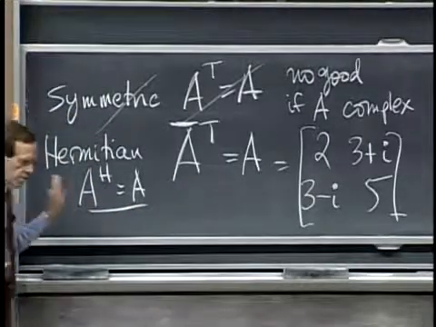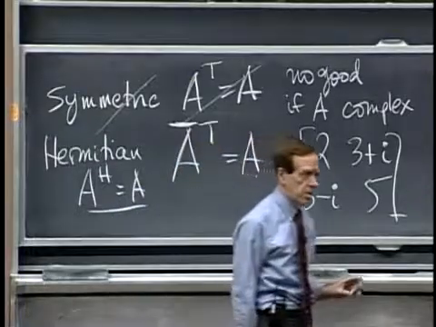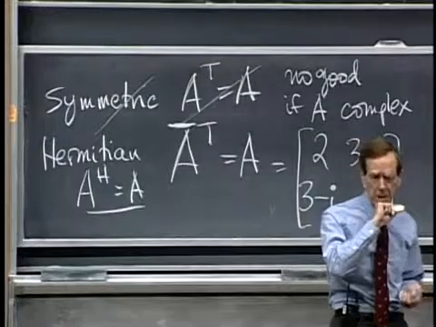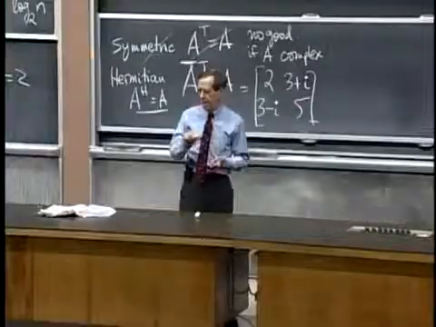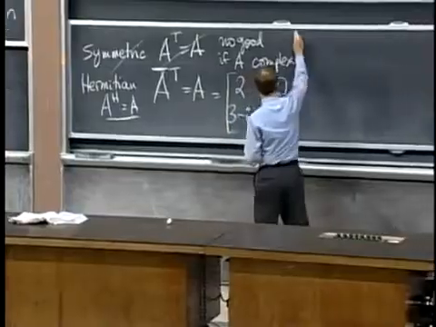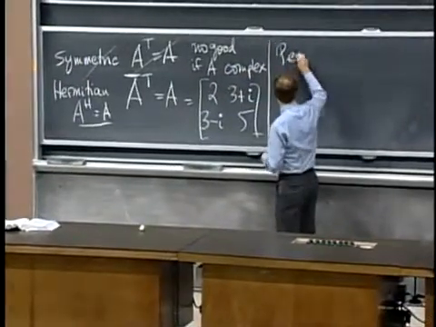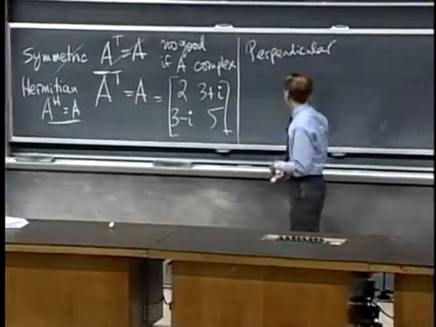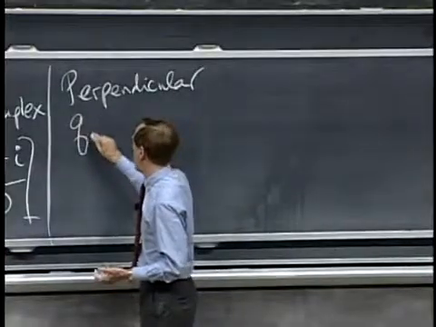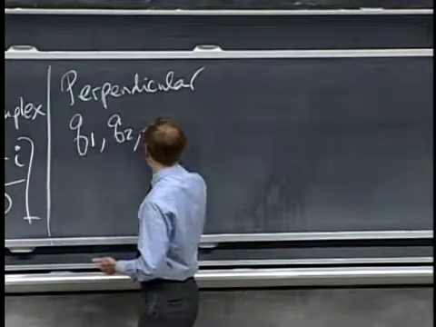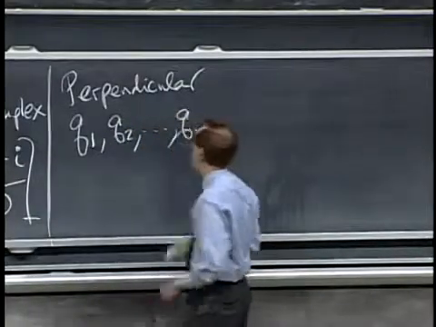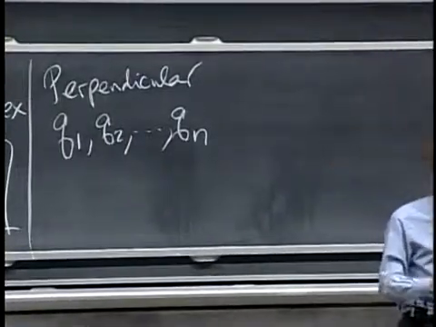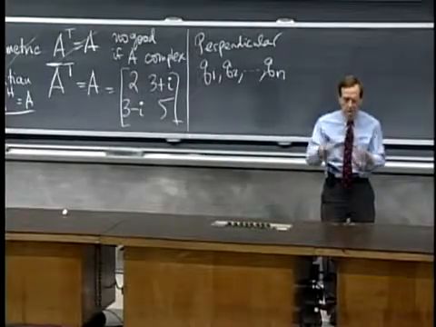Okay, and those matrices have real eigenvalues, and they have perpendicular eigenvectors. What does perpendicular mean? Perpendicular means the inner product. So let's go on to perpendicular. Well, when I had perpendicular vectors, for example, they were like Q1, Q2, up to Qn. Q is my letter that I use for perpendicular. Actually, I also mean unit length.